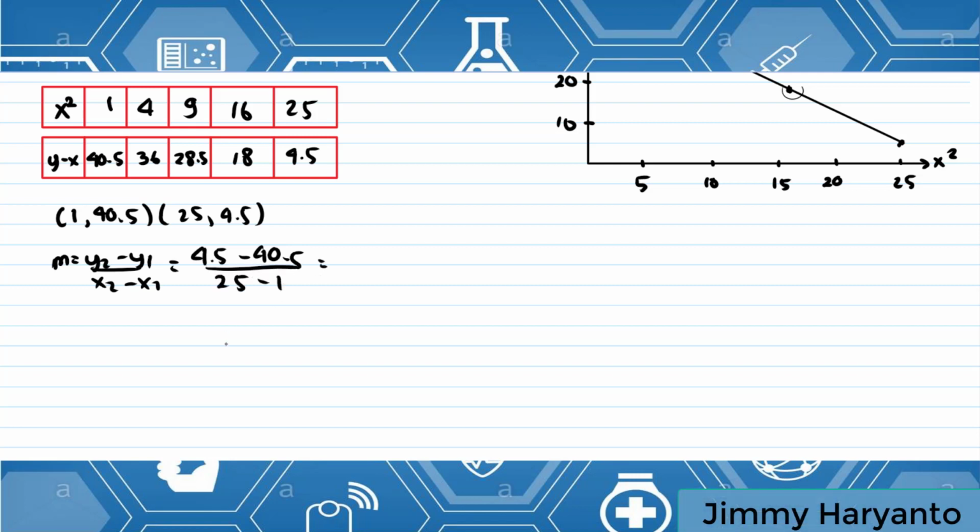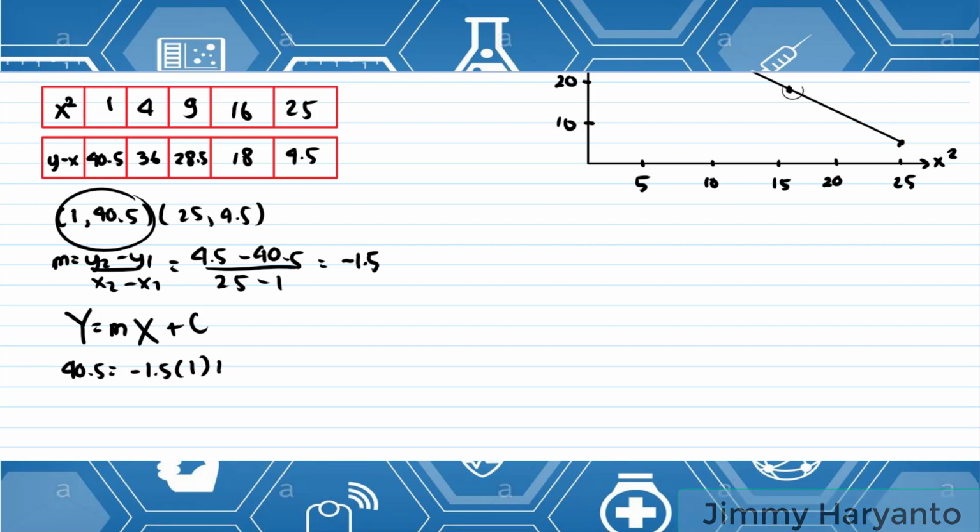The result is negative 1.5. Okay, this is the m. Next, we will have to use y equals mx plus c to get the c. Use the first point, 40.5 equals m, negative 1.5 times x, which is 1, plus c. So the c will be 43.